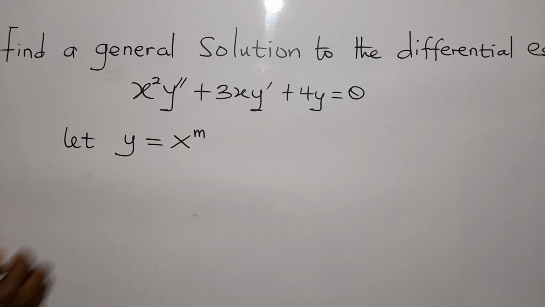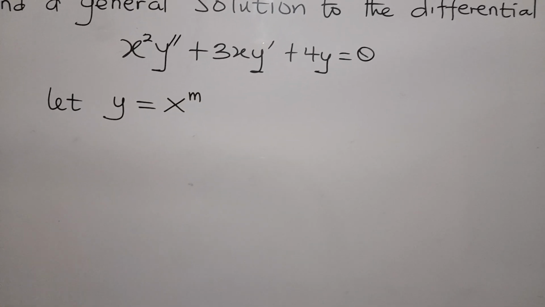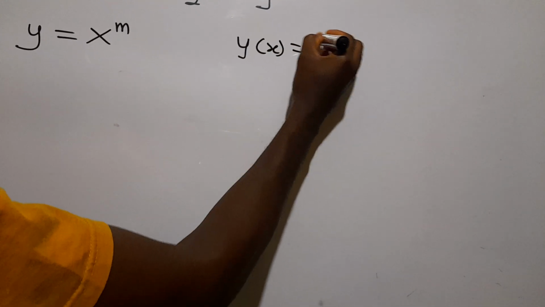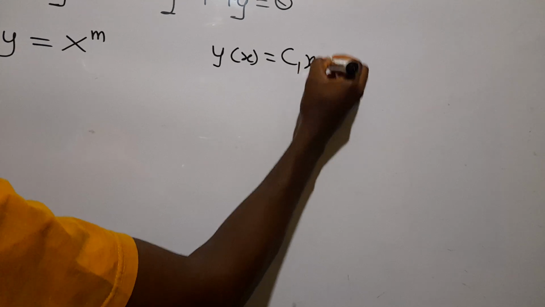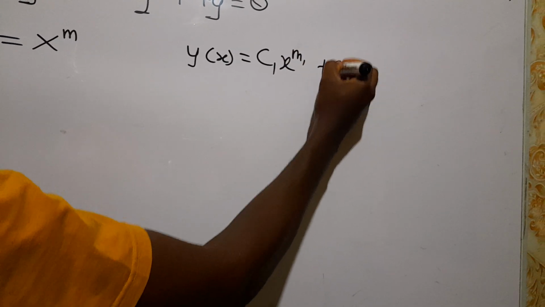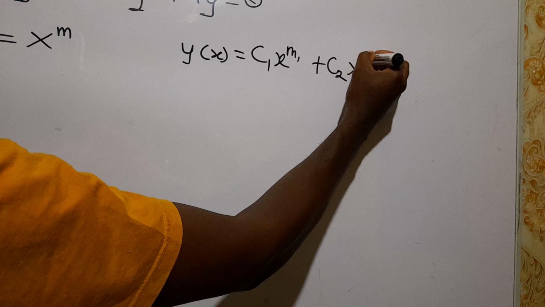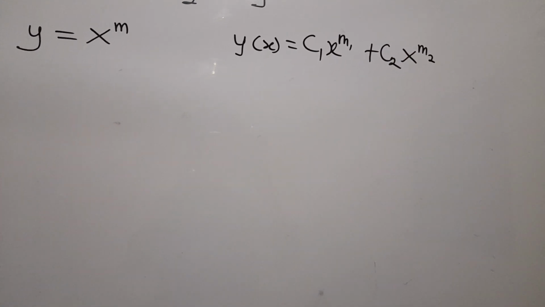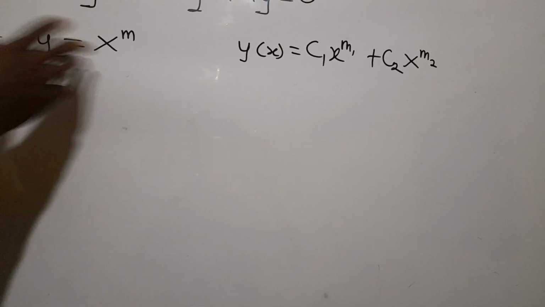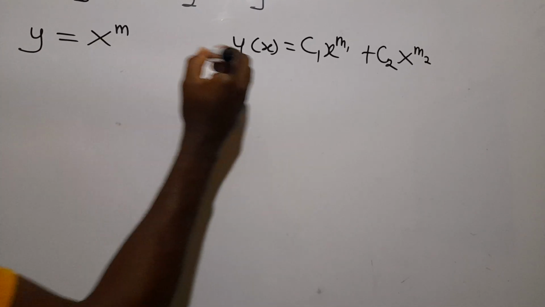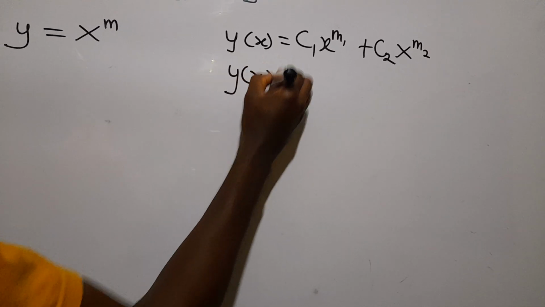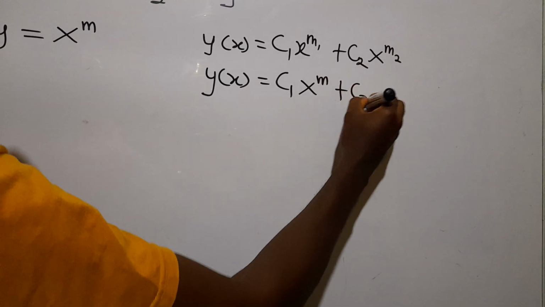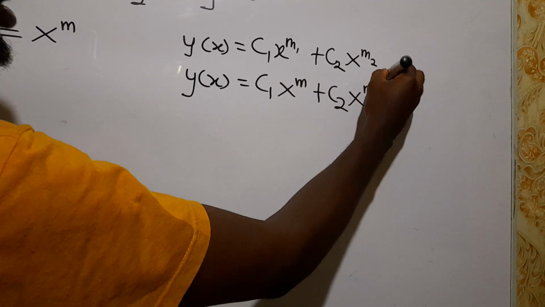When m has two distinct roots, our general solution y of x will be equal to c1 x exponent m1 plus c2 x exponent m2, where c1 and c2 are constants. And when m is a repeated root, our general solution is y of x equal to c1 x exponent m plus c2 x exponent m, then ln x.